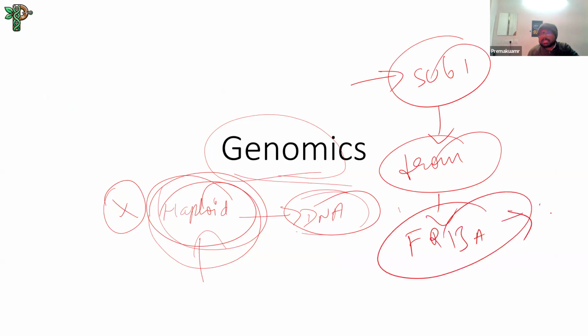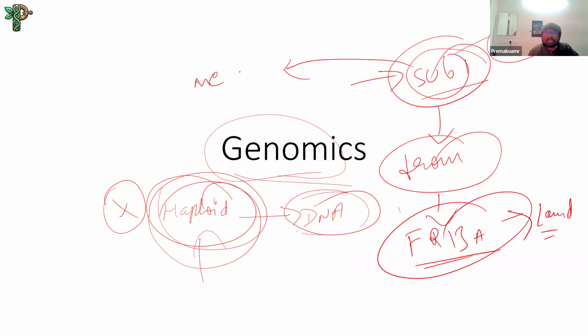This is a landrace from Northeast India, I think. They identified the Sub1 QTL. Then they transferred it into the mega variety Swarna by marker assisted breeding, backcross breeding. Earlier Swarna was submergence susceptible.